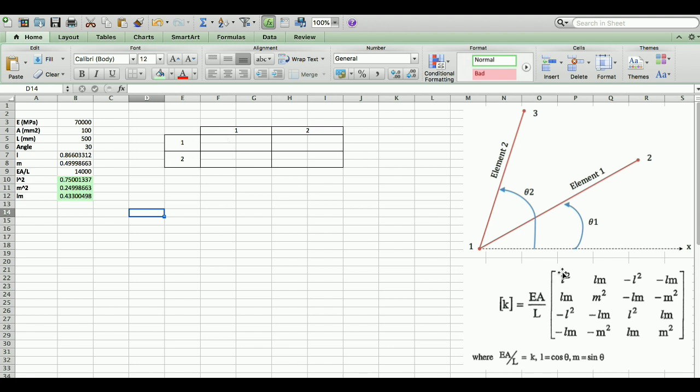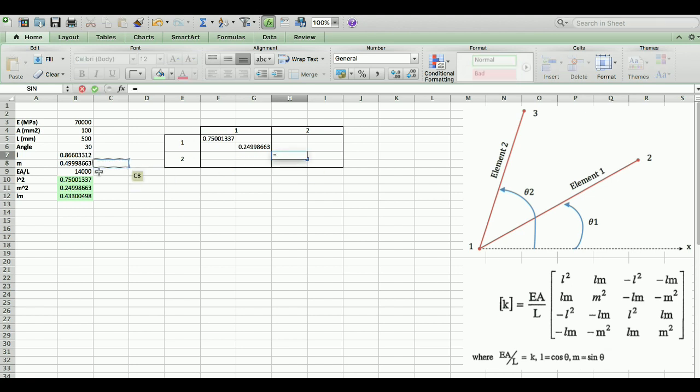Now, the first room, 1,1, is L squared, so that is equal to what we have for L squared. On the main diagonal, the second character is M squared, so that is equal to this number that we have here. Next is L squared and then M squared followed by that.